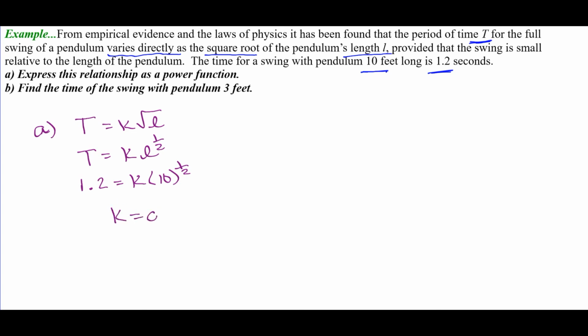So k equals 0.38. So my answer here is going to look like t equals 0.38 square root of L. Then when we come over to part B, find the time for a swing with a pendulum 3 feet long. So time equals 0.38 times the square root of 3. We get about 0.66.